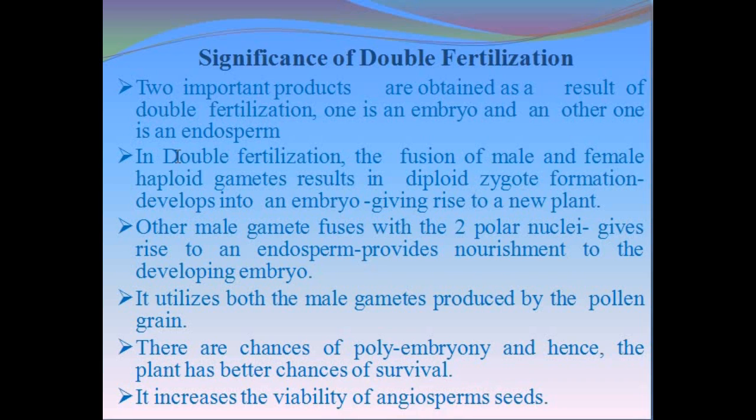The other male gamete fuses with the two polar nuclei, giving rise to an endosperm, which provides nourishment for the developing embryo. It utilizes both the male gametes produced by the pollen grain. There are chances of polyembryony and hence the plants have better chances of survival. It also increases the viability of angiosperm seeds. These are some of the significance of double fertilization.